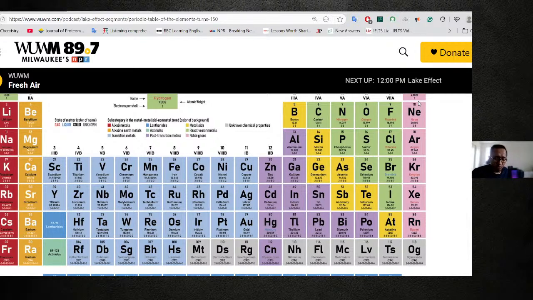So the neutron should be mass minus proton. 20 minus 10, it should be 10, and so on.